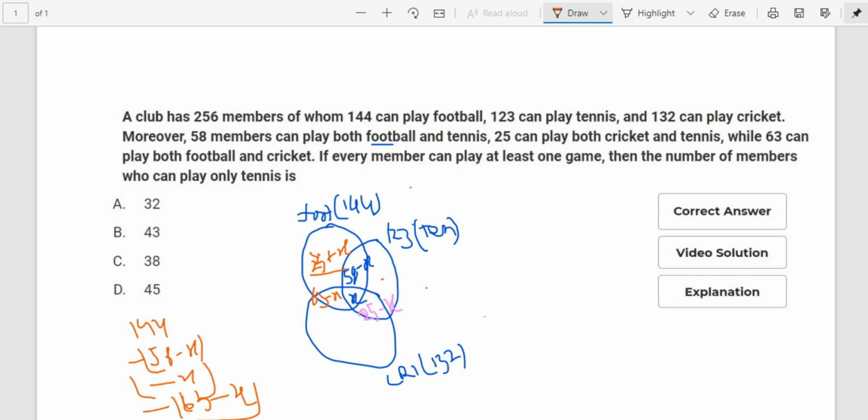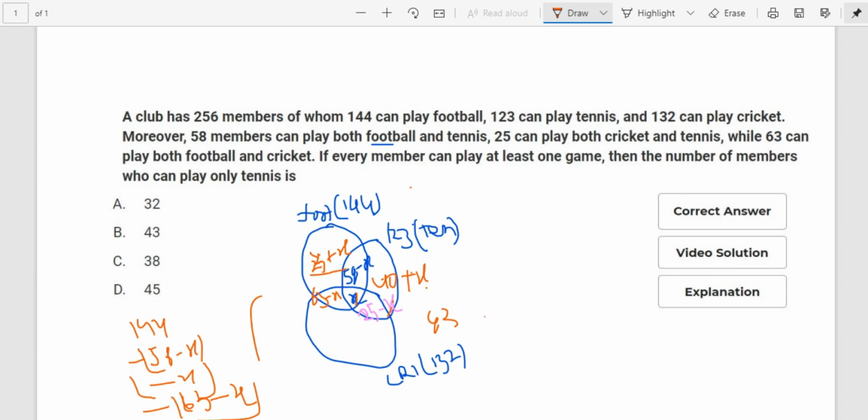58 plus 25, that is 83, and 83 minus 123, that is 40, and the plus X comes from the minus, so this plus will be cancelled and this minus will become a plus, isn't it?